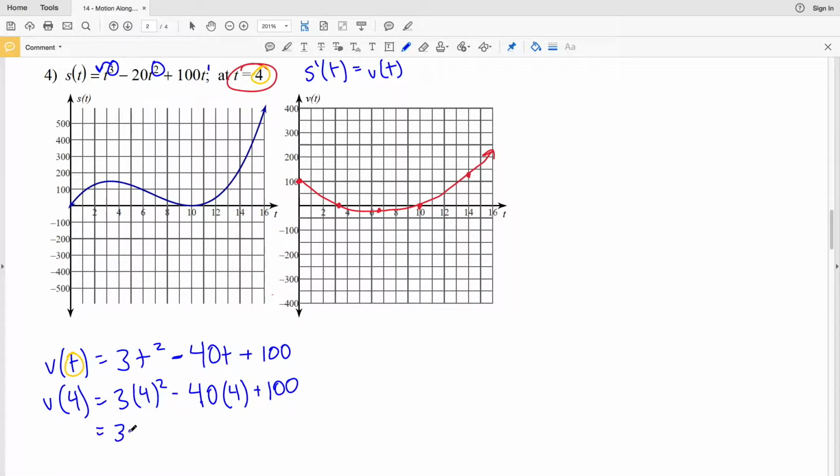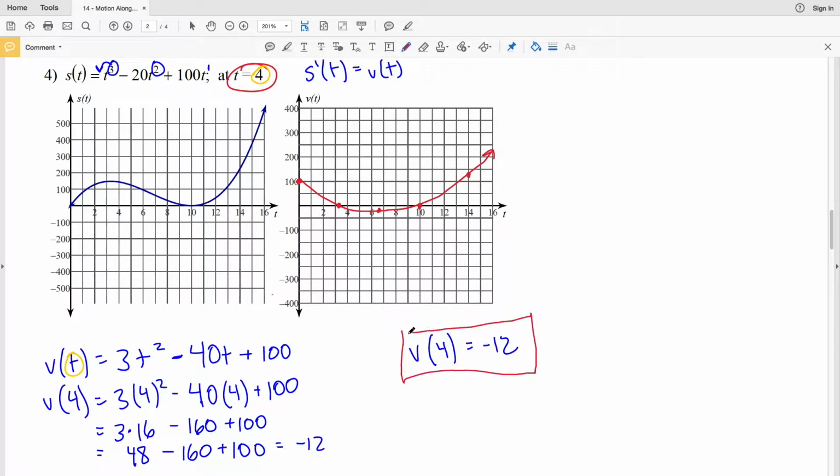So that's 3 times 4 squared, which is 3 times 16, minus 40 times 4, which is minus 160, and then we're adding that to 100. 3 times 16 is 48, so we have 48 minus 160 plus 100, which is equal to negative 12. So v of 4 equals negative 12.